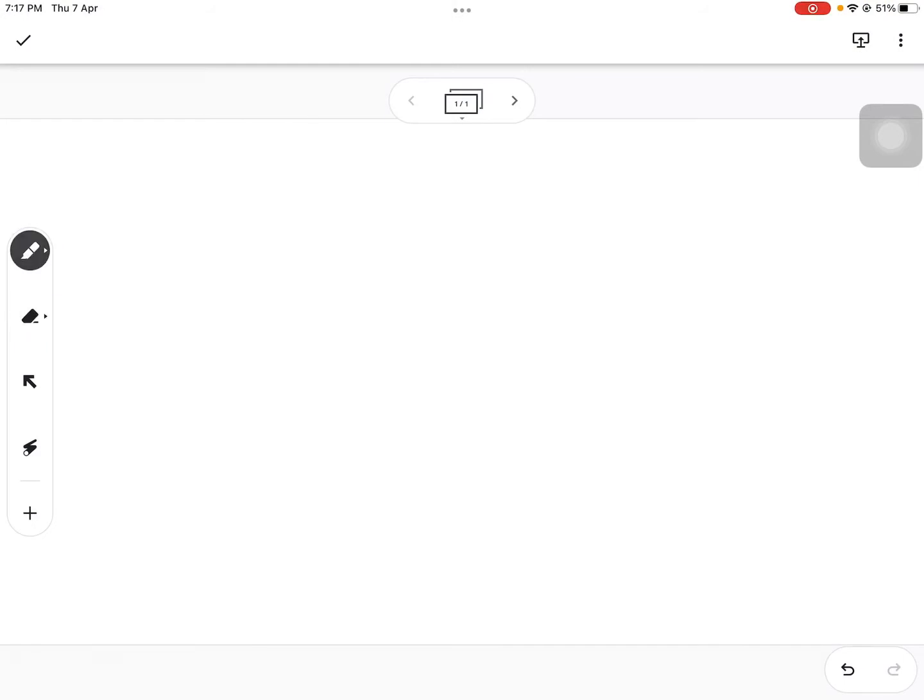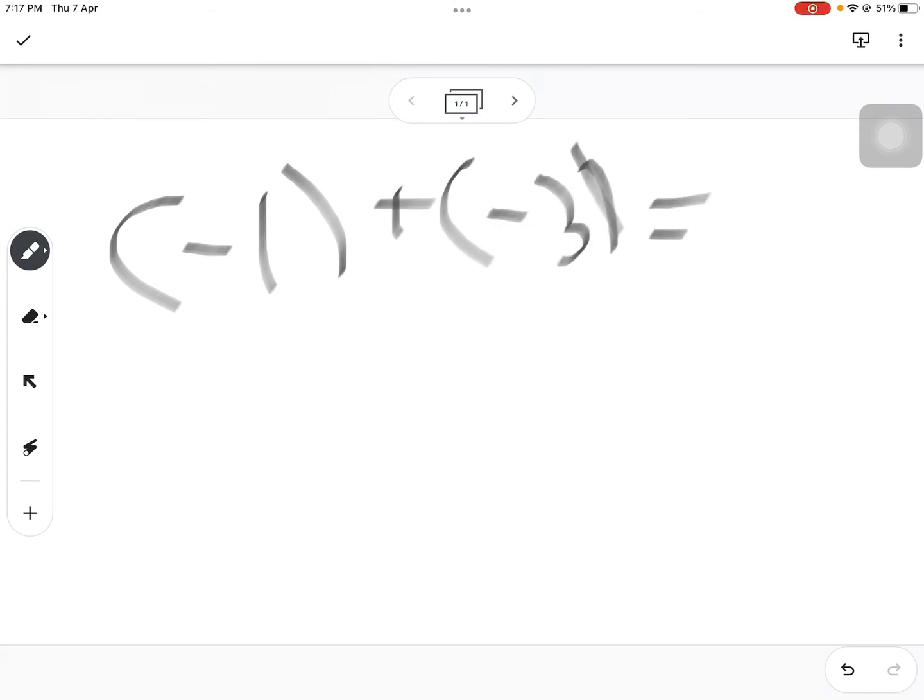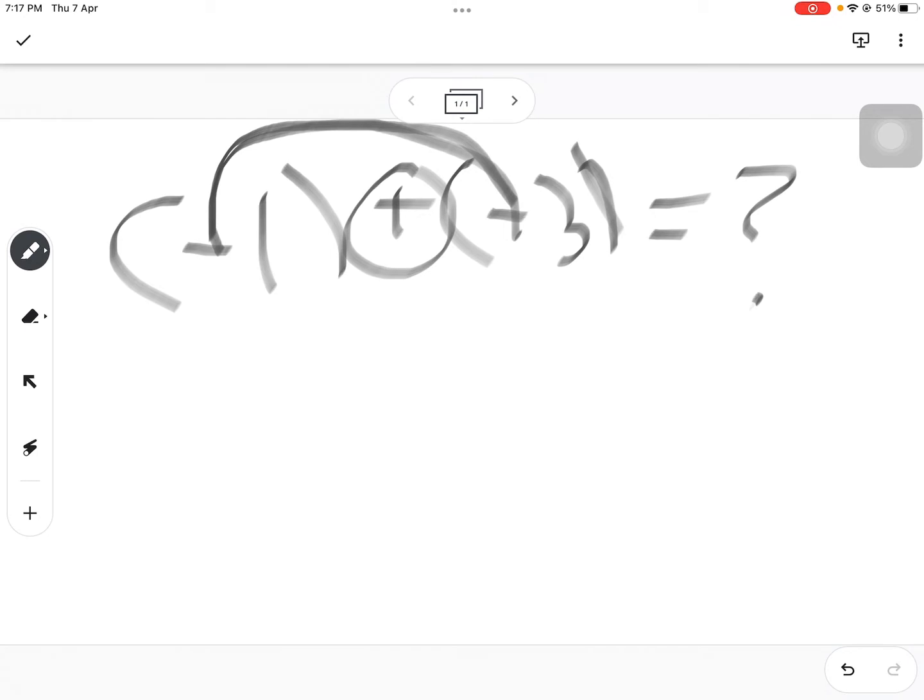Okay. And now after the last question, not the last but the latest: negative 1 plus negative 3 is equal to what? So how will we find it? We will again make a number line. A simple way to add it, when we have a negative number and a negative number, is that we start from the negative side in the number line.